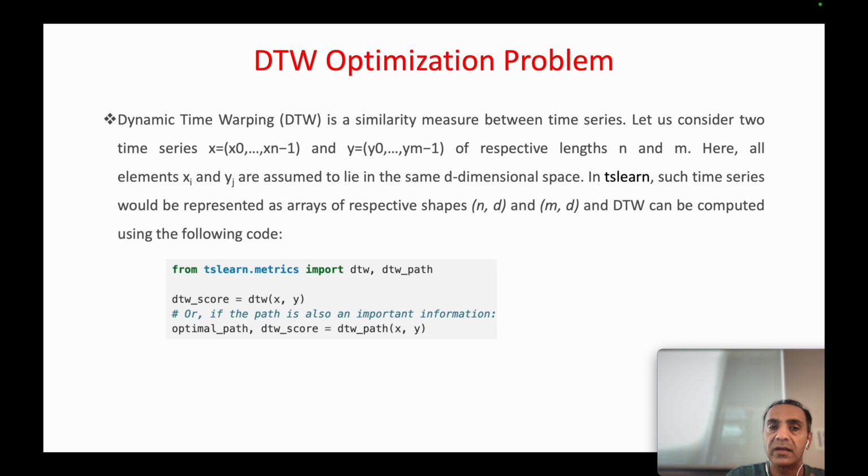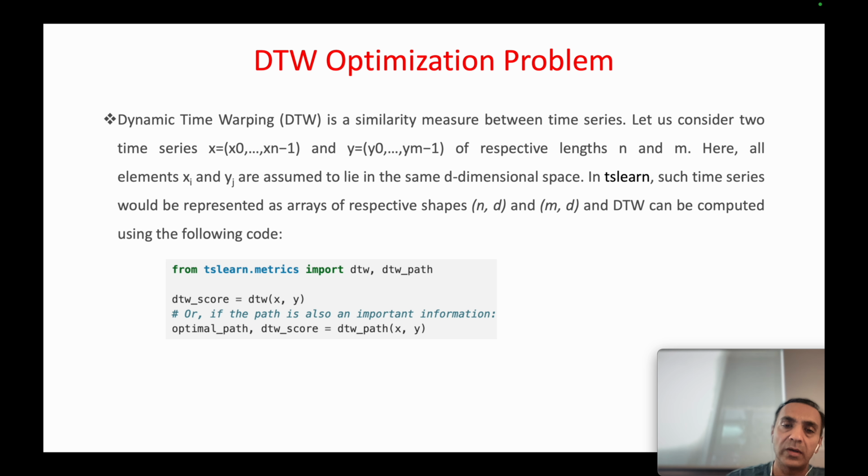And then we can calculate DTW by using the following code. Here you are seeing we imported dtw and dtw_path from tslearn.metrics, and then we applied DTW to the x and y sequences, and then we calculated the DTW score. So with Python and R, you have all the packages available to you where you can easily find these values.